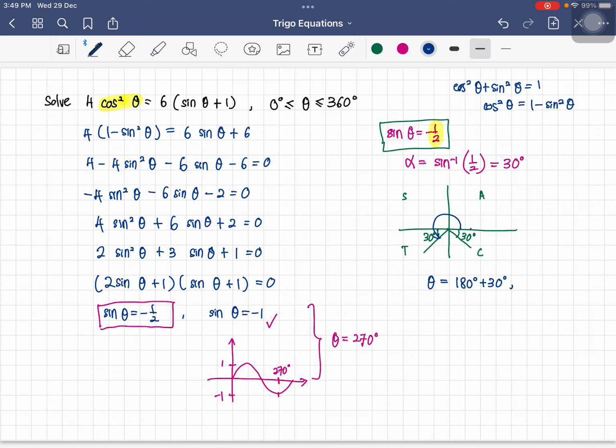Another one goes from this to this, so of course 360 minus 30 degrees. Therefore, the values for theta are 210 and 330 degrees. So now you already have 3 solutions: theta is 270, 210, and 330, and all of them are within this range.